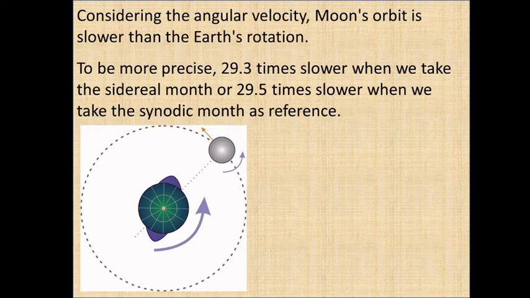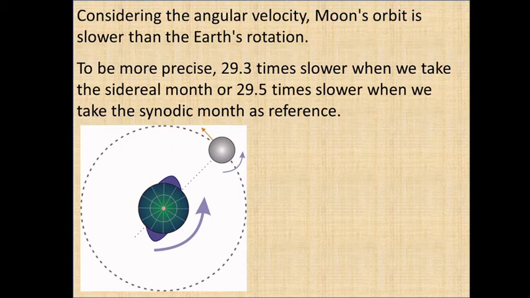The difference is that with the sidereal month, we consider the stars as the reference for the orbit of the moon, and with the synodic month, we consider the sun as the reference for the entire orbit of the moon.